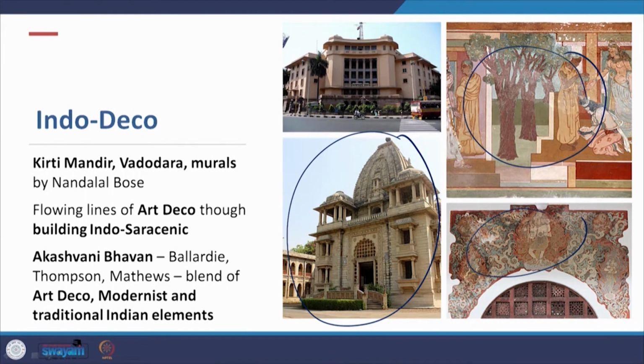Similarly, the Akashvani Bhavan, but Akashvani Bhavan was somewhat different, done by Bellardi, Thompson and Matthews. It was a blend of Art Deco, modernism and traditional Indian elements, jalis for example, and the columns I believe taken from traditional Indian architecture. So the column element was there. So this is a part of Indo Deco.